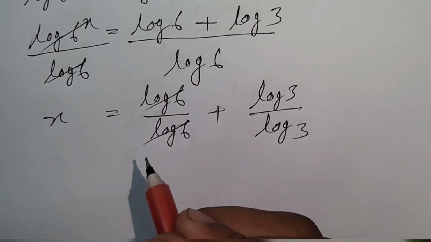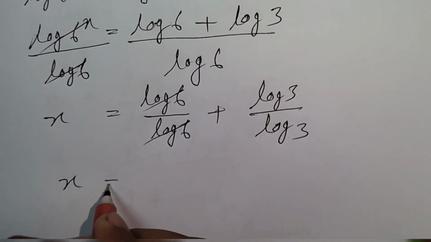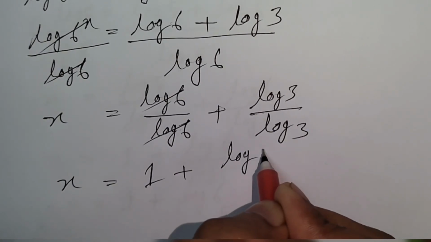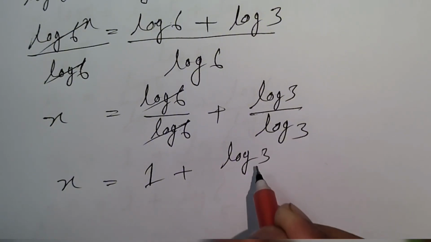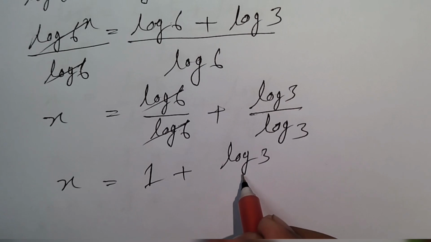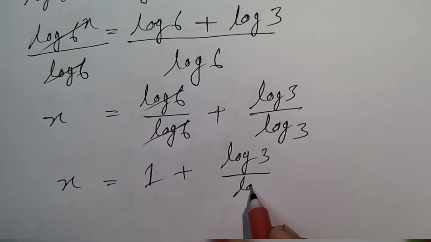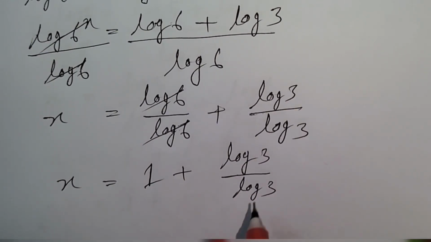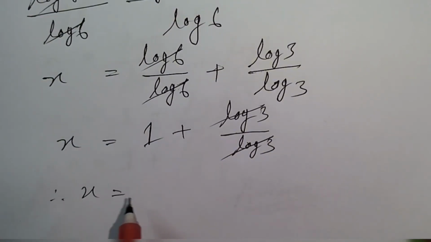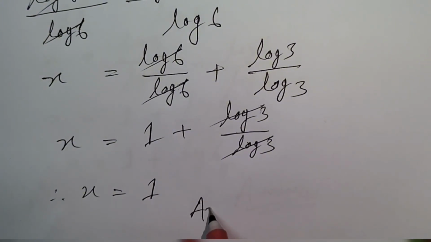Log 6 will be cancelled. x is equal to 1 plus log 3 divided by log 6. Log 3 will be cancelled. x is equal to 1. This is the value of x. Answer.